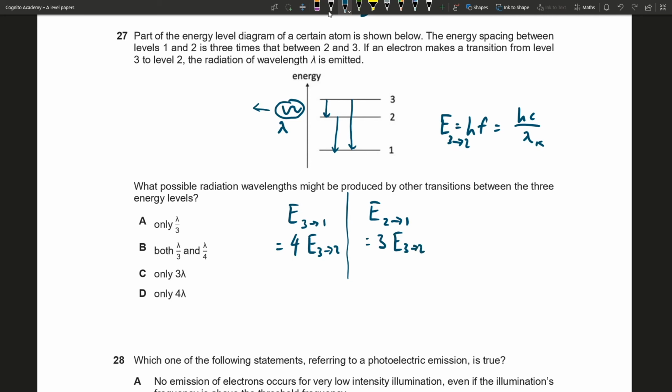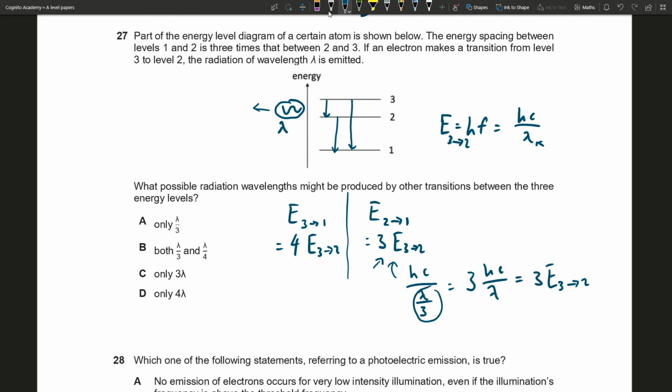Okay, now that we got that out of the way, for the lambda for this, we have to have some hc over some new lambda to produce the same thing. We realize that lambda over 3 will give 3 hc over lambda, and that will give us 3 times our original energy jump from levels 3 to 2.